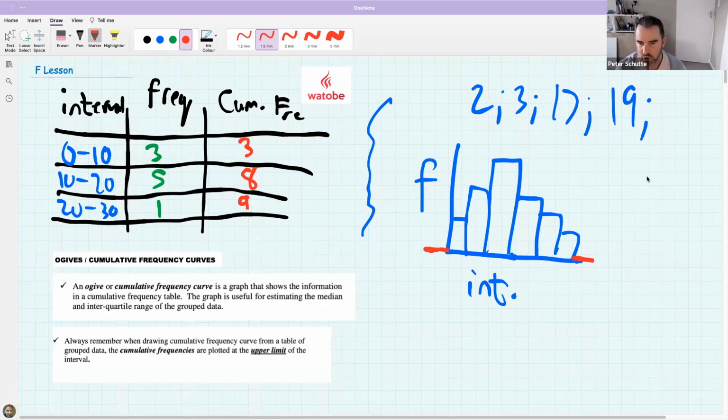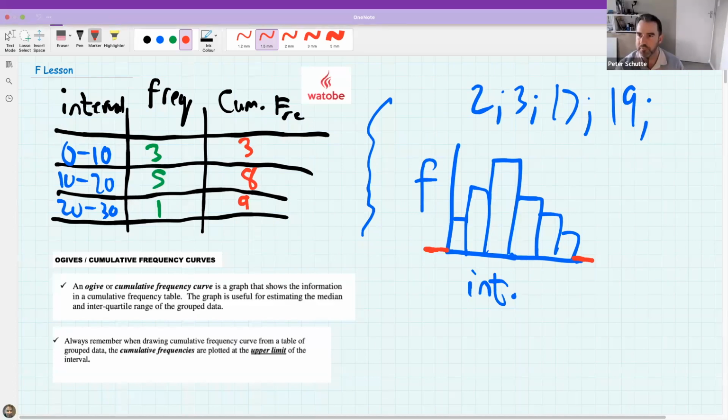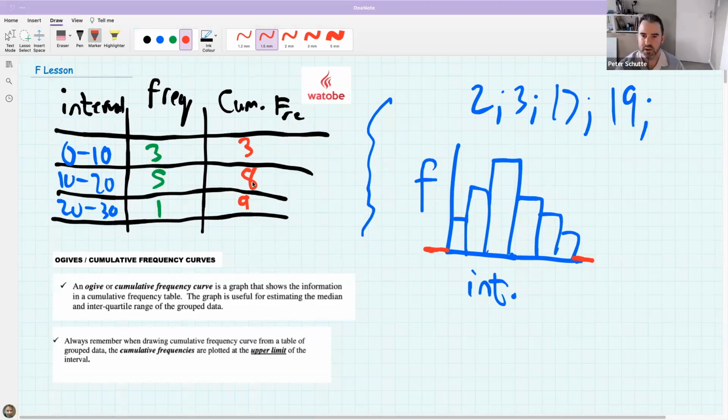And then what did we do to create our frequency polygon? Who could remember? Okay, you're right, we took the midpoint of our intervals and made a dot in the midpoint of each of these intervals, and then we connected them with straight lines, and that gave us a frequency polygon.